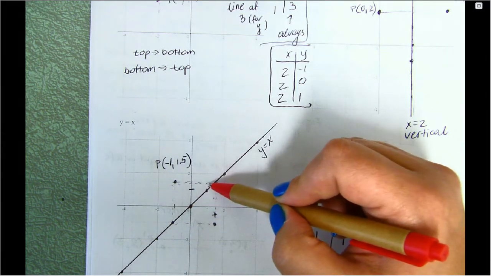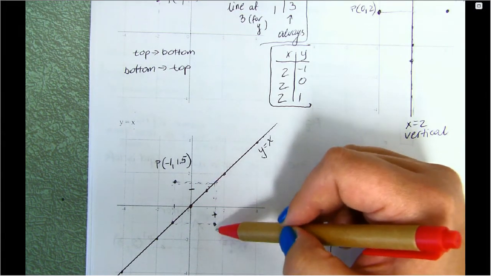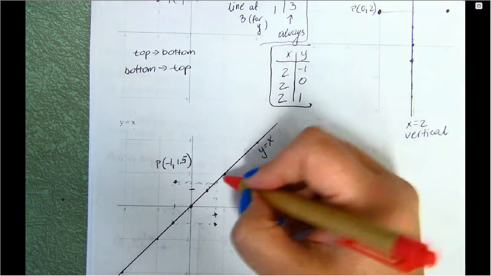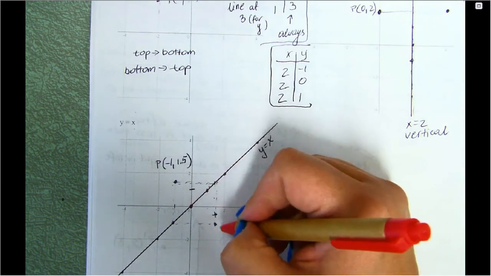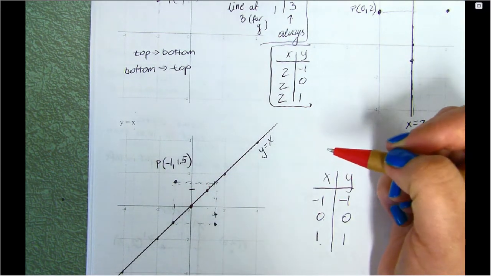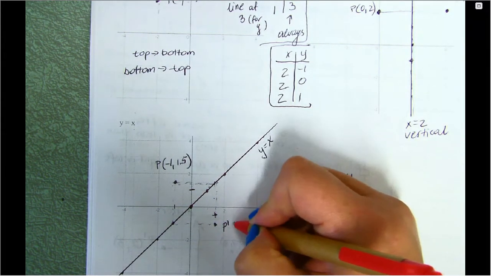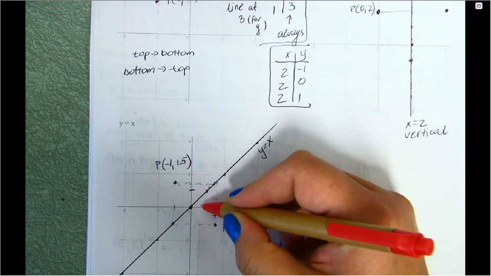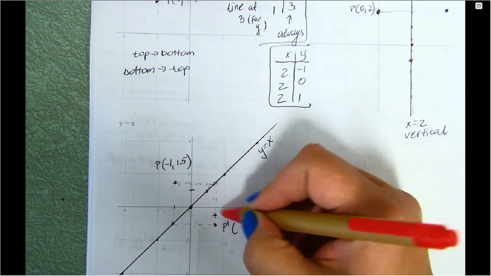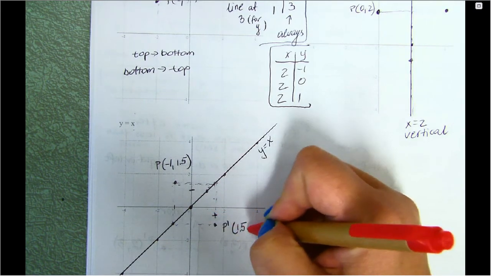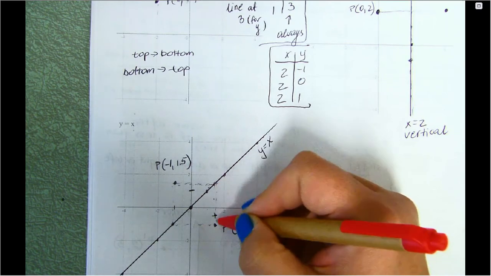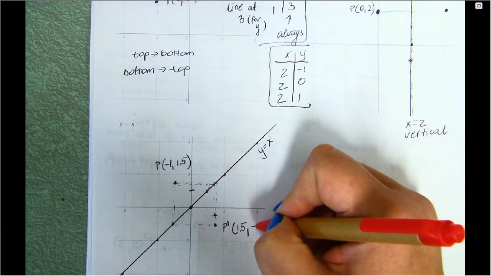So if you choose to go to the right, and you have to go down right here. So it's kind of like a breaking point. It breaks your line and goes down. So this new point prime will be, what is it? Positive 1.5 for x and negative 1 for y.